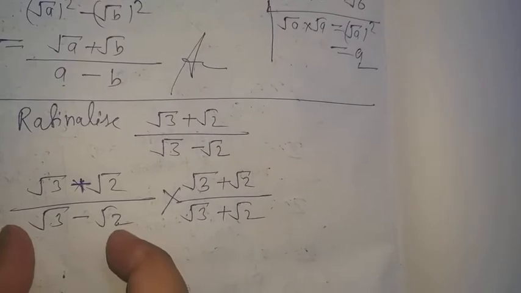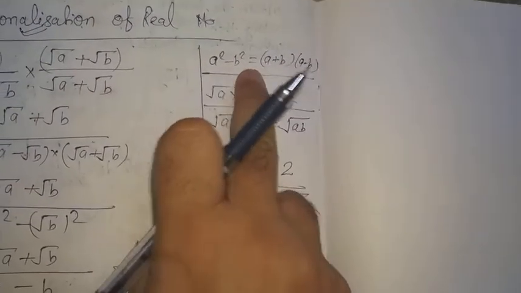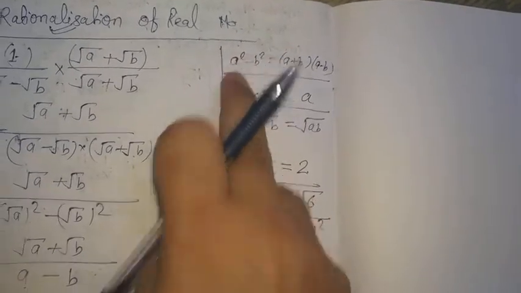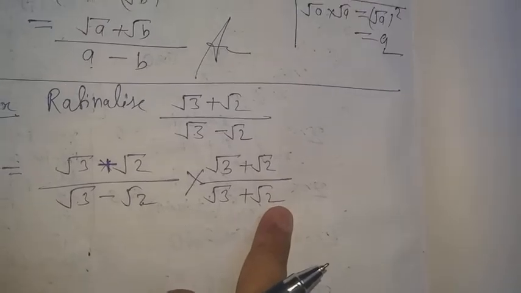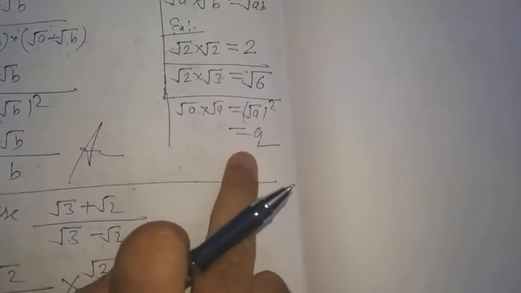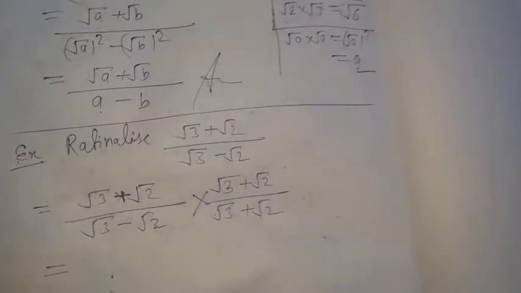Why are we doing this? Because this becomes a minus b, a plus b, so that we can apply this formula, and if squares are on root 3 and root 2, then the roots will disappear. That's why we have to do this.